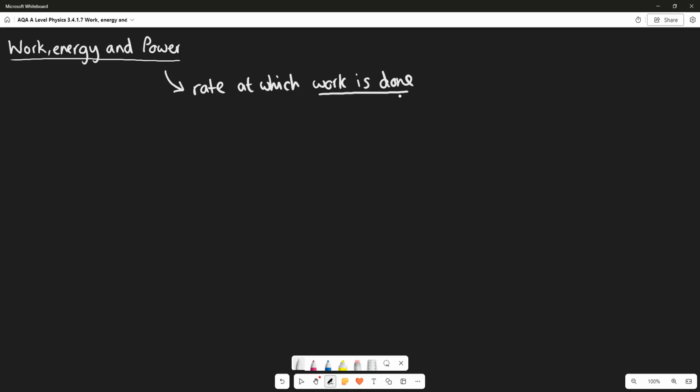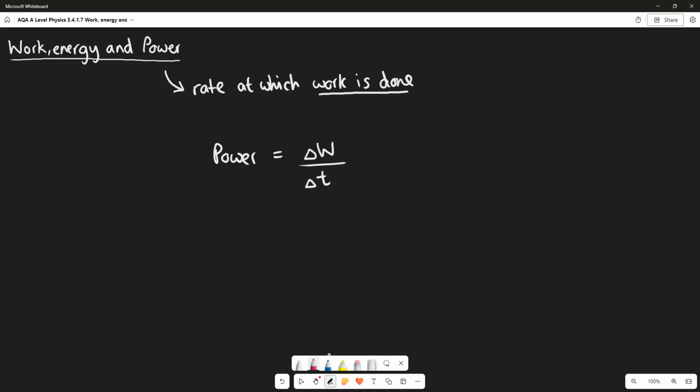So it's the rate at which energy is being transferred from one type into another. And power is equal to the amount of work that was transferred divided by the time it took for that to happen, otherwise known as work per unit time. There are many other ways to calculate power, for example in electrical circuits, but this is the definition.